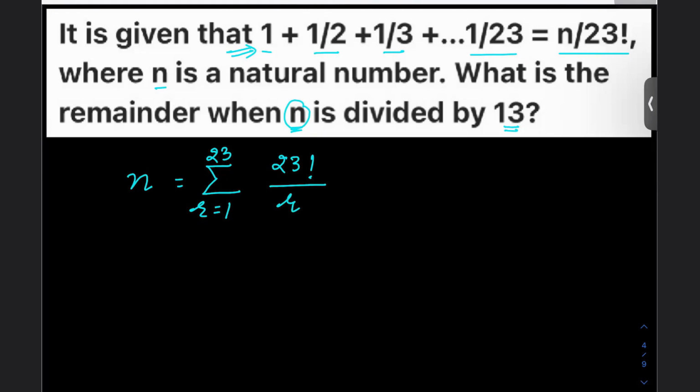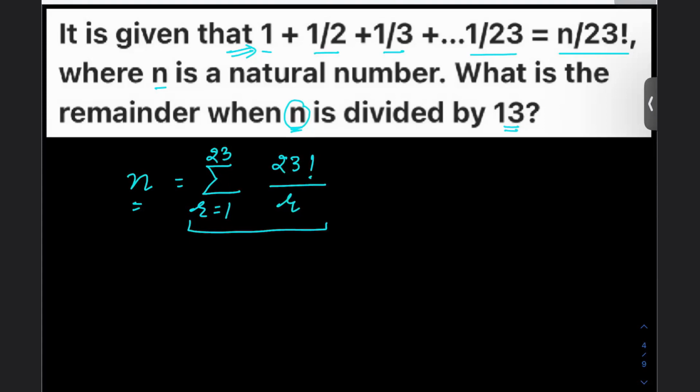We have to find the remainder when n is divided by 13. Now, in these 23 terms, there is only one term which is not divisible by 13. The rest of all terms are divisible by 13. Which is that term? That is 23 factorial upon 13.